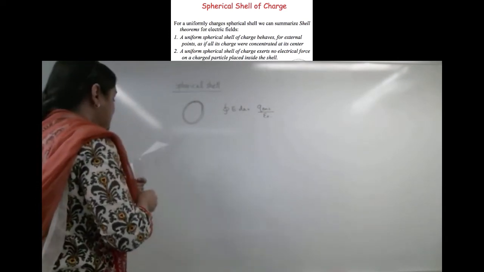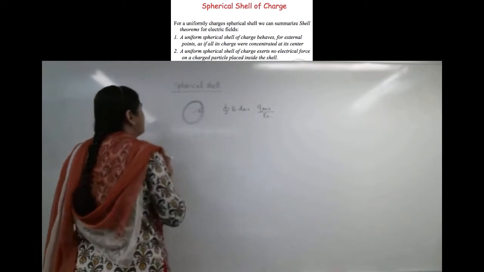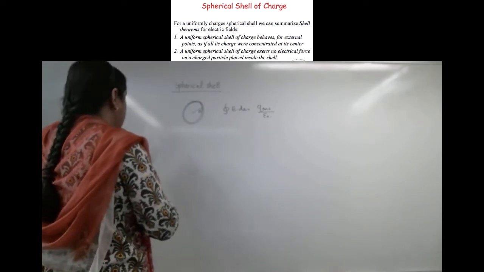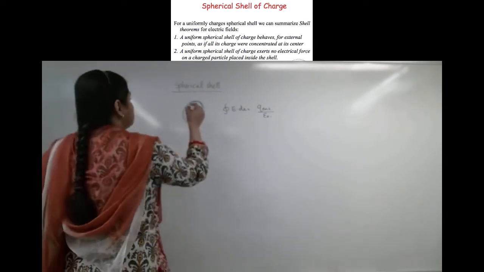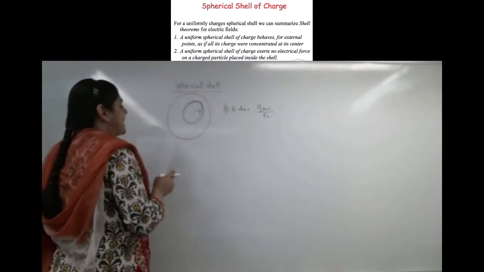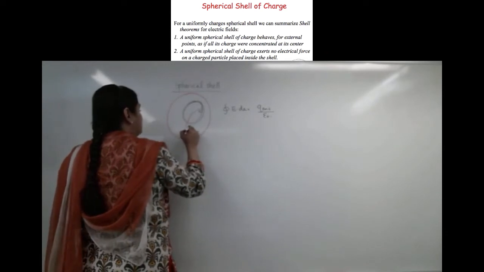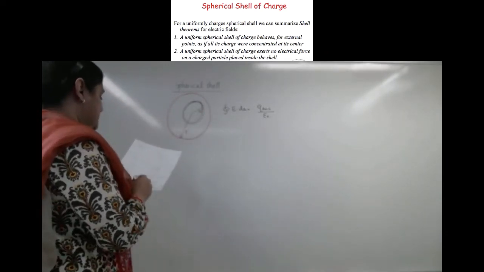If big R is the radius of my shell, then my Gaussian surface has to be outside it. I'm going to assume my Gaussian surface is a shell outside this surface, and I'm going to call the radius of this imaginary Gaussian surface little r.